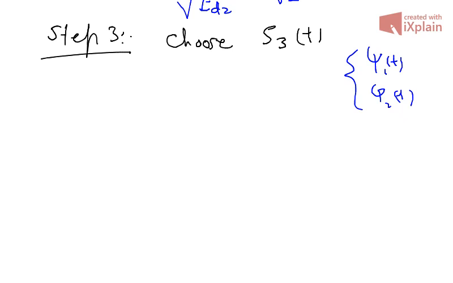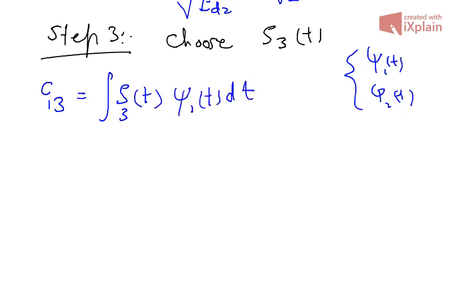Now to find the image of S3 over psi 1, we call it C13, and that is S3 of t over psi 1 of t, right? Now you can see the signal S3 exists from 0 to 3, but the signal psi 1 only exists from 0 to 2.